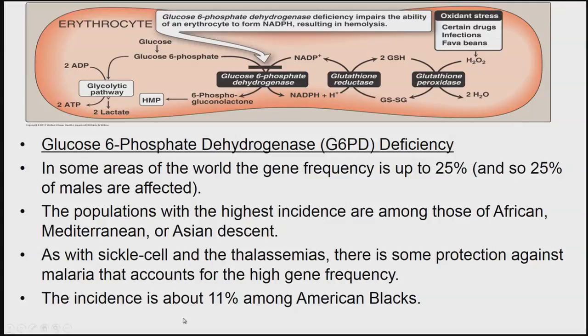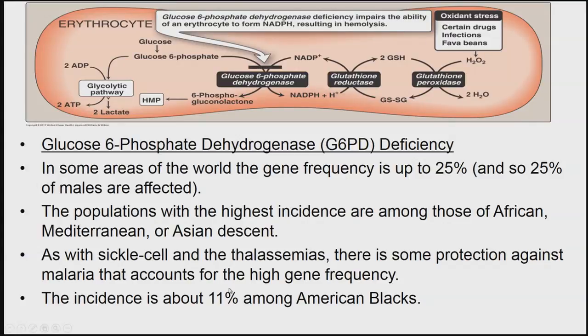In this case, just like with sickle cell anemia, I don't know if you've talked about thalassemias at all. Have you talked about thalassemias? Oh, you have. Awesome. Both of those confer, if you're a carrier, some protection against malaria. Same thing with glucose 6-phosphate dehydrogenase deficiency.